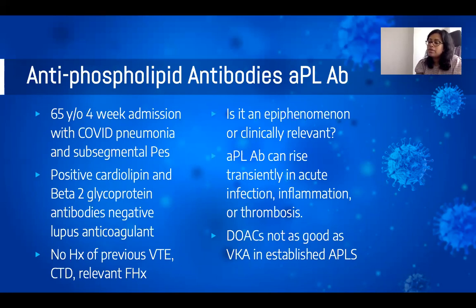Throughout his stay, he was unwell with fevers, raised inflammatory markers, deranged LFTs, and an ongoing oxygen requirement, and he was tested for antiphospholipid antibodies, which were modestly elevated in beta-2 glycoprotein and anticardiolipin antibodies. He didn't actually have any symptoms or signs of connective tissue disease. There was no previous history of thrombosis, and there was no relevant family history.